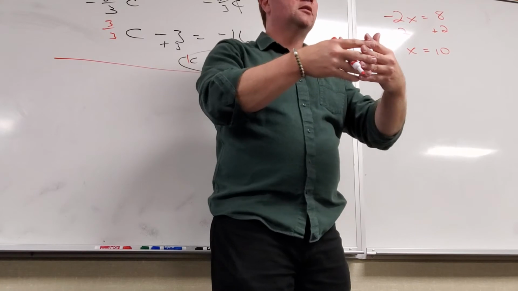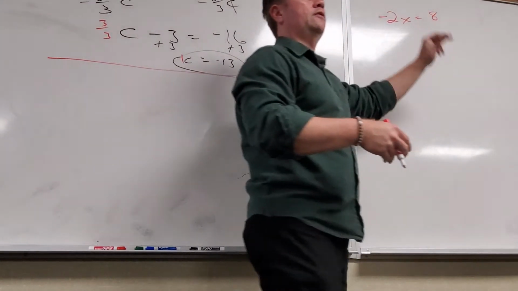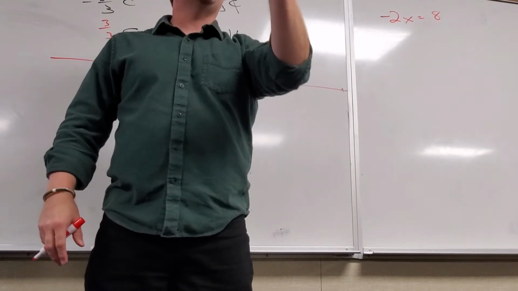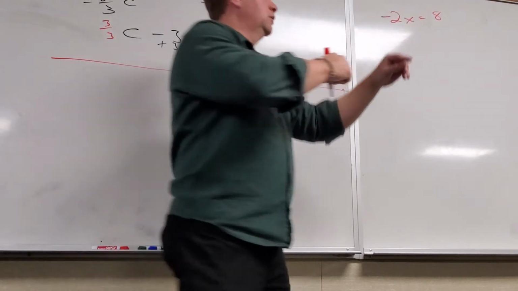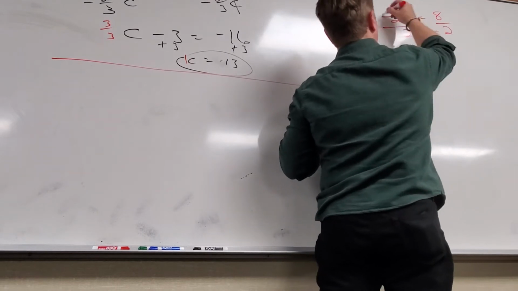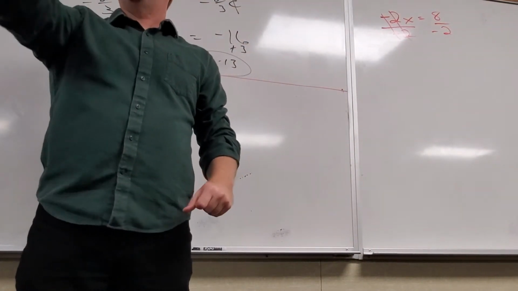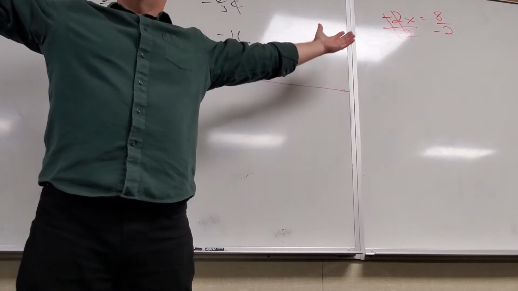So what I try to tell you guys, when you're looking at a problem, you've got to ask yourself, okay, why is the x not by itself? Negative 2. What's the operation between them? Multiplication. So what do I have to do? Divide by the thing I don't want. Now they do cancel. So that was one thing that happened on a few people's quizzes: you just saw a negative 3 and you add 3.